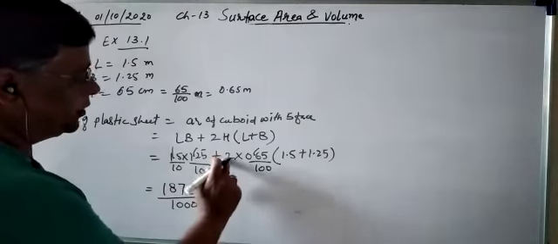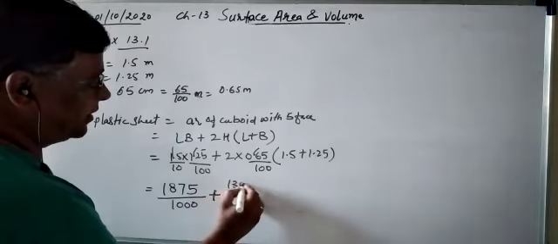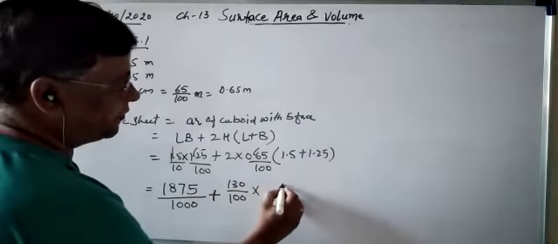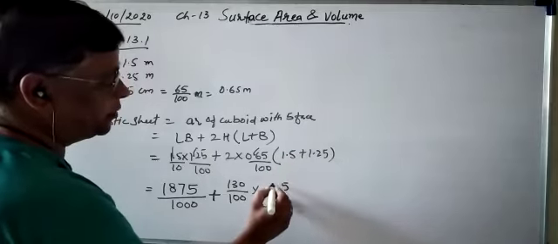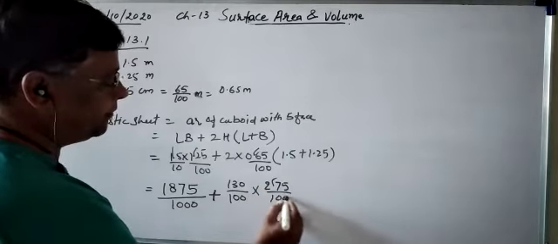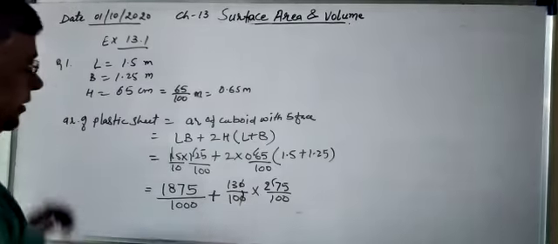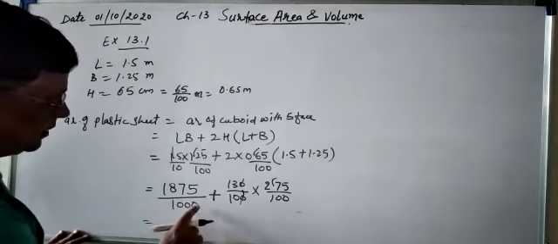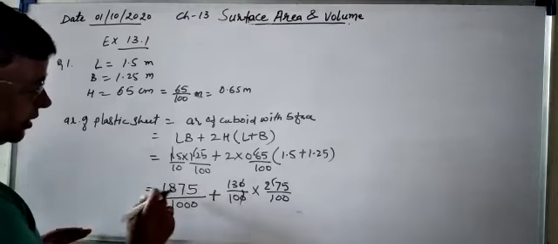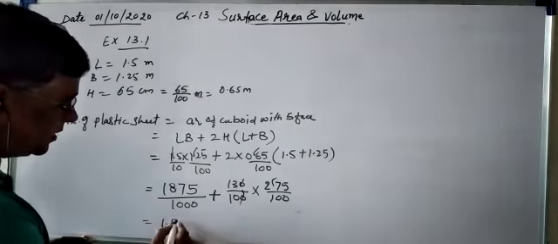Plus 2 into 65 is 130 upon 100, into the sum of this, 275 upon 100. Now here we put the decimal before 3 digits, so 1.875.